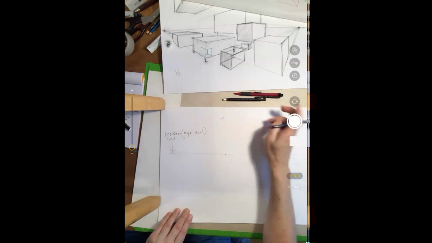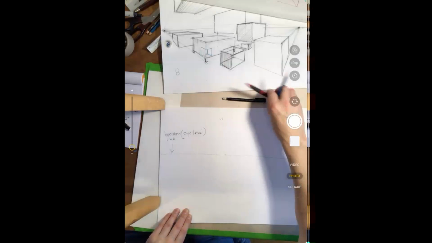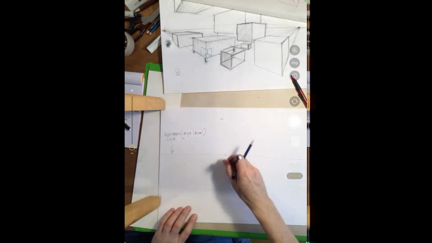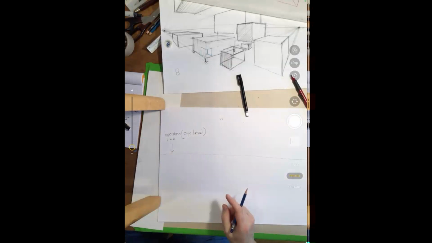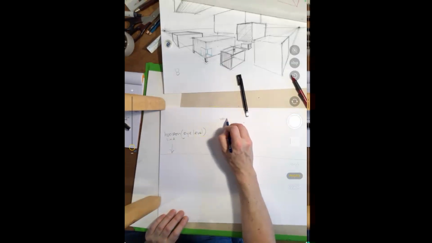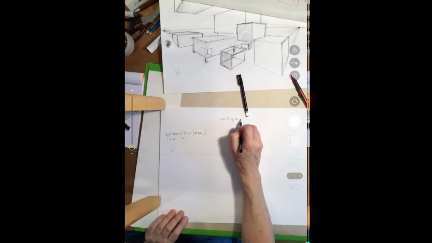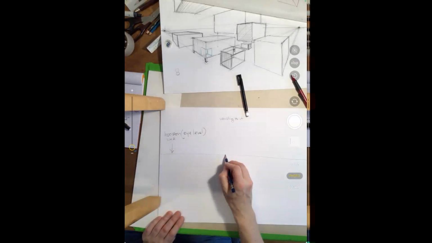So can someone tell me what the vanishing point is for? That's the place where all the lines recede. Excellent, thank you. So the vanishing point is this point of convergence.